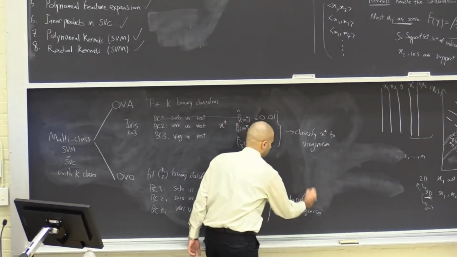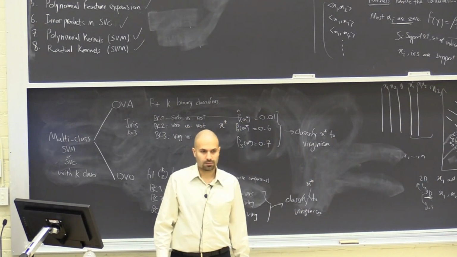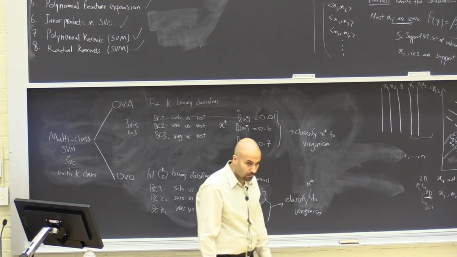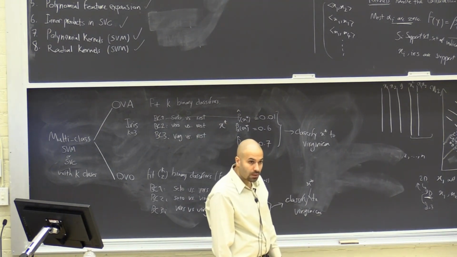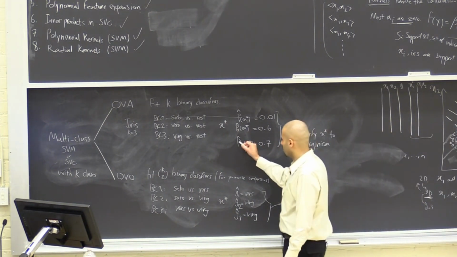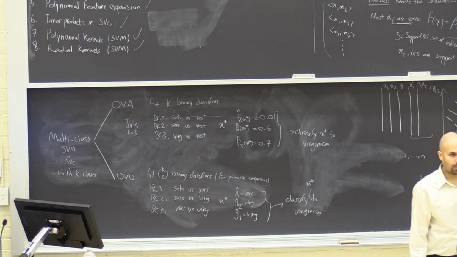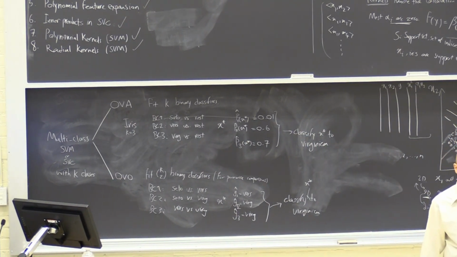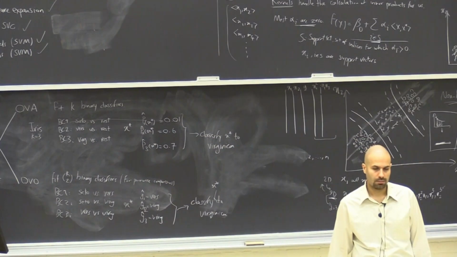Any questions? Yeah. When the class is ordinal, I cannot think of any specific consideration. If it is ordinal, maybe we can just define the problem as a regression problem.